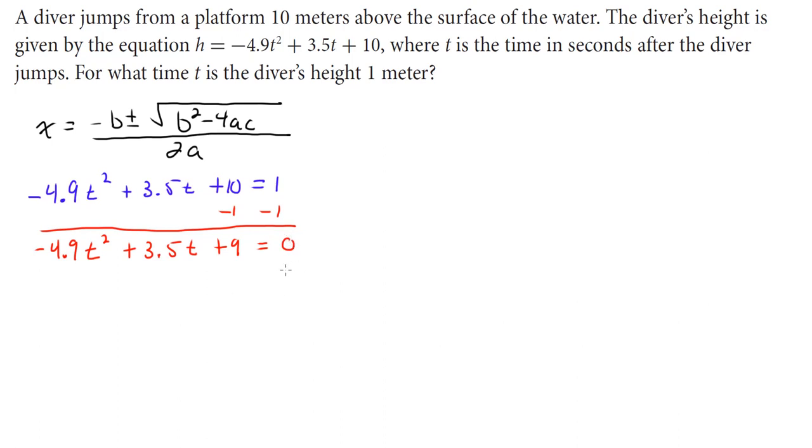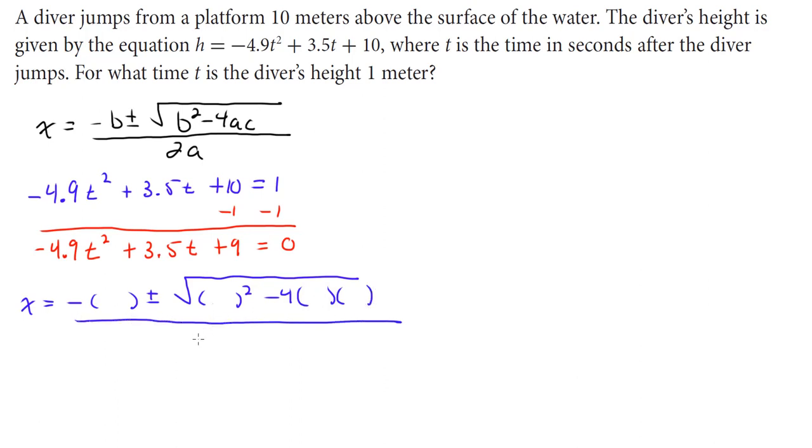So now that my equation is equal to 0, I can use the quadratic formula to plug in a, b, and c and find my solutions. So remember, we want to use parentheses so that we can substitute correctly. So x equals negative, here's b, plus or minus radical b squared minus 4 times a times c, and all of that over 2a.